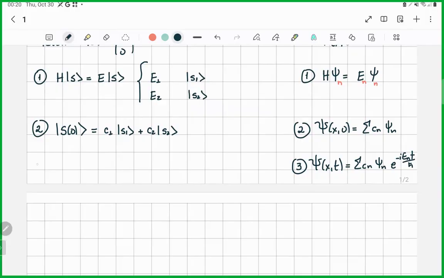Okay, so that's the same thing here. Our final evolved state is just going to be C1 S1 with the energy of that state, and C2 S2 with the energy of that state. Okay, so the procedure is exactly the same.